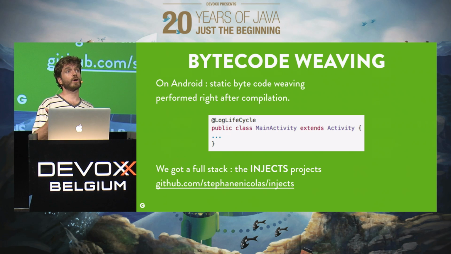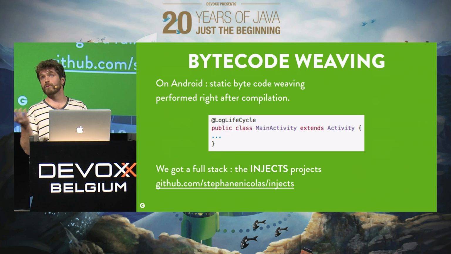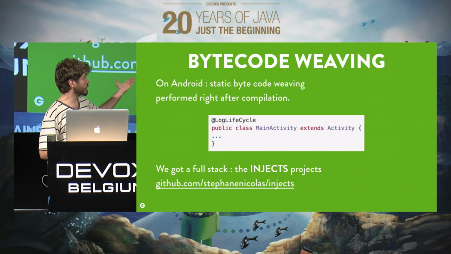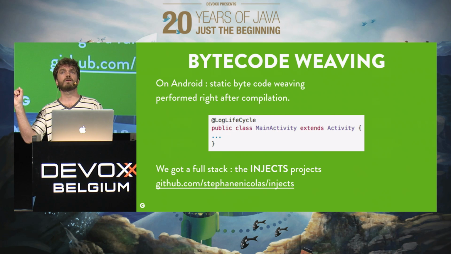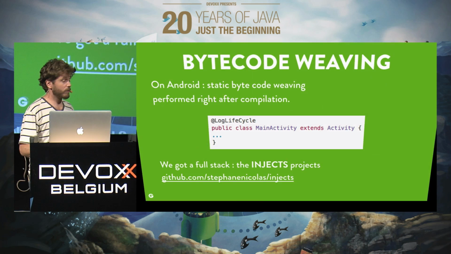Before they are called, we will log something, and after they are called, at the end of the call, we will log something as well. So you can, for instance, measure the time spent in every method that is part of the lifecycle of an activity. And as you can see, it's as simple as just annotating the class, and that's it, nothing else to do, which is actually quite powerful.